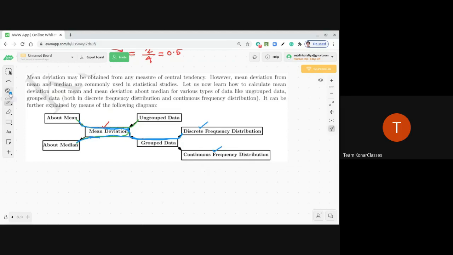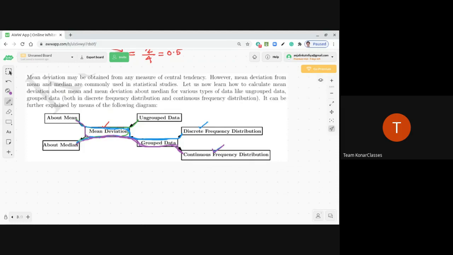Then what remains is the continuous frequency distribution: the mean deviation of the continuous frequency distribution data about the mean, correct? And finding the mean deviation of the grouped data of continuous frequency distribution about the median.